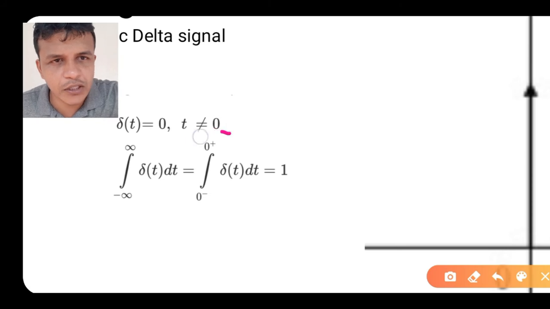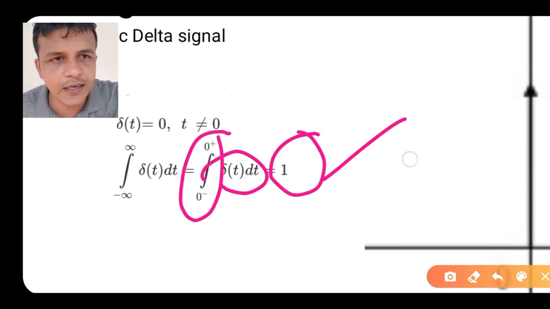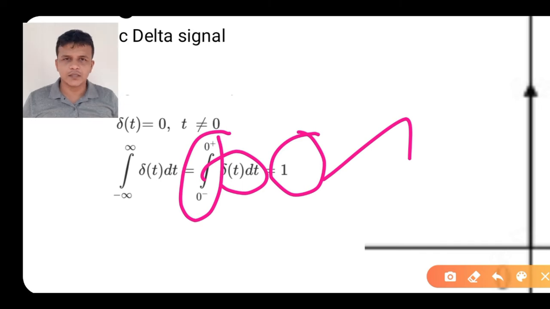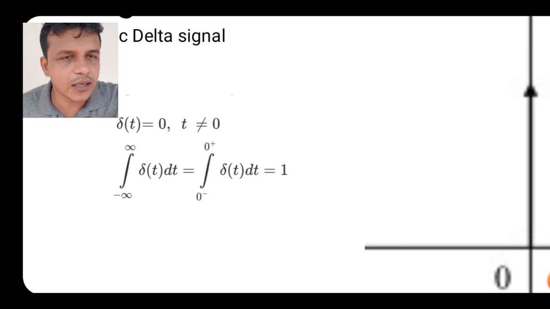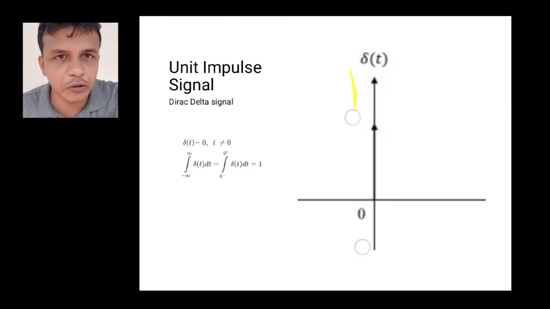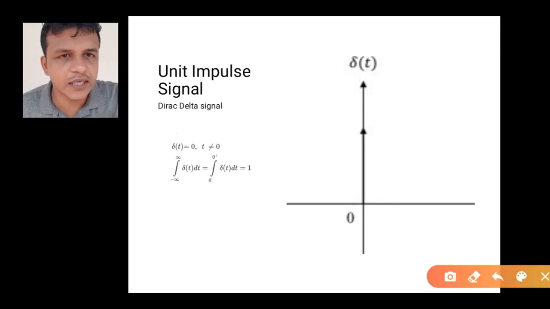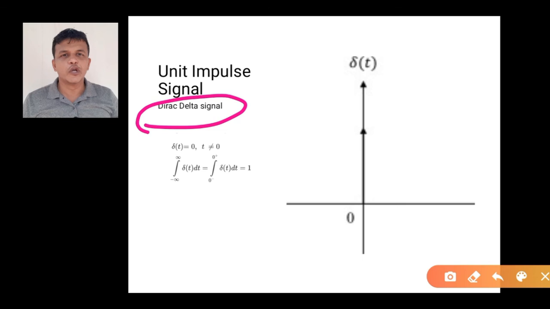So the integral from 0 minus to 0 plus of del of t dt is equal to 1, the area under the curve is 1. That is why we call this the unit impulse signal, and when the impulse signal is represented in the continuous domain, the other name given to it is the Dirac delta signal. We can call the unit impulse signal the Dirac delta signal also.